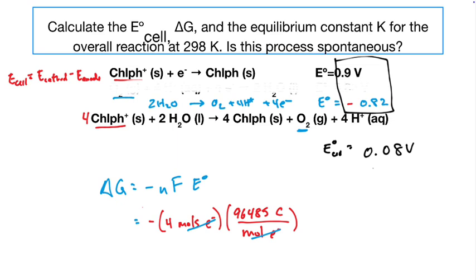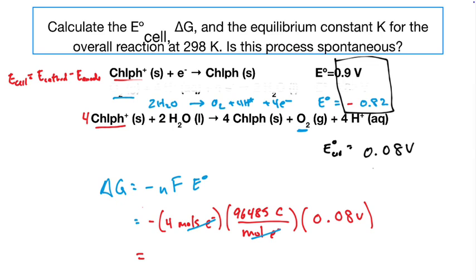And then we have to drop in our cell potential. Our cell potential was positive 0.08 volts. Excuse me. And a Coulomb volt is equal to joules over volts. Voltage is joules over coulombs. So what is a Coulomb volt? 1 joule.